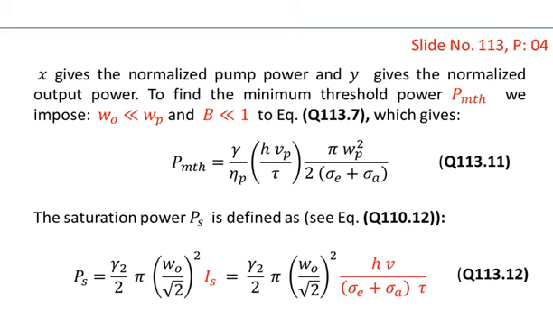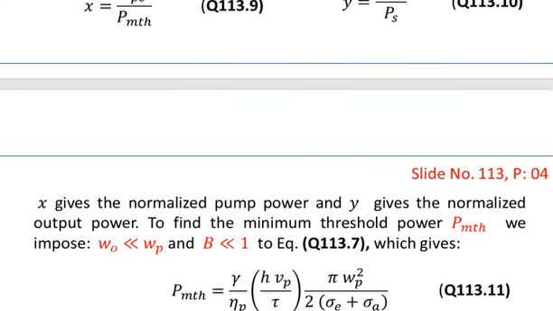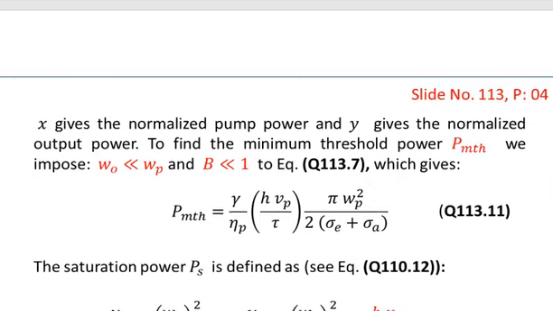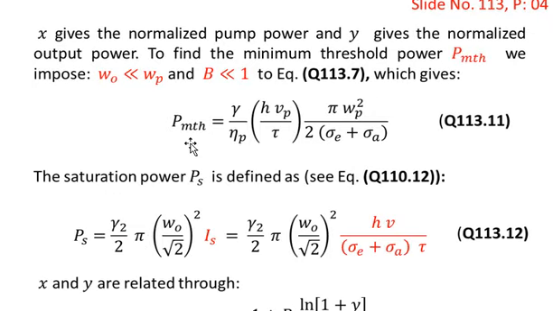So applying these two conditions to equation number 7, we find an expression for the minimum threshold pump power, which is given by gamma over eta p times, in the parenthesis, h nu p over tau, and then pi omega p square divided by 2 times sigma e plus sigma a. You know that the PM threshold pump power is in optical form. So this is the optical power from the pump.